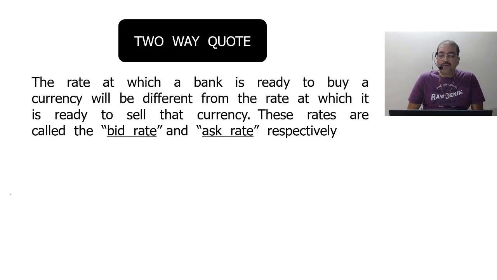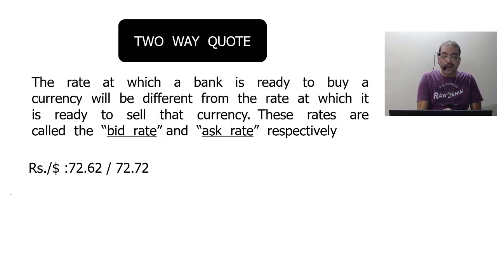The rate at which a bank is ready to buy a currency will be different from the rate at which it is ready to sell that currency. These rates are called the bid rate and the ask rate. Rupees to dollar 72.62 and 72.72. Which is lower? This is lower, so this is the bid rate.